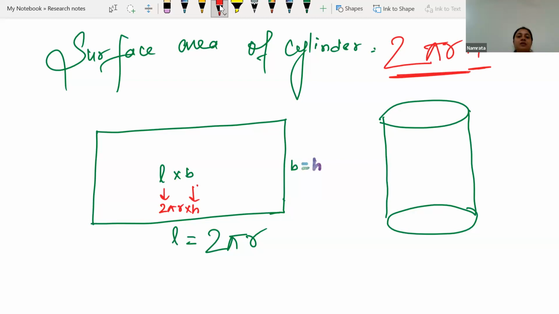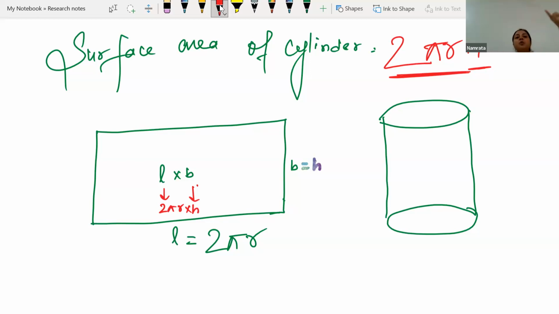Yes, ma'am. This is how we have got the formula for surface area of the cylinder. Now let me remind you of the formulas we have discussed till now. The surface area of the cuboid is 2 times, in bracket, length into breadth, breadth into height, height into length.